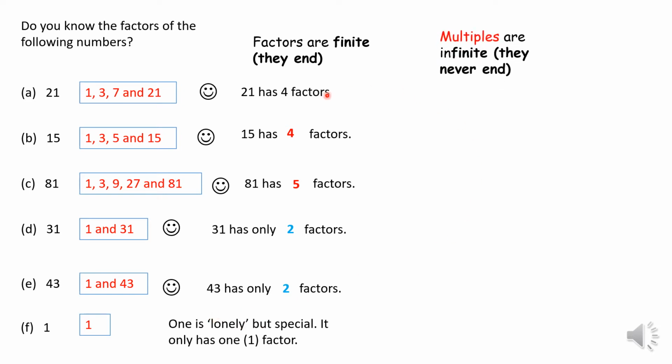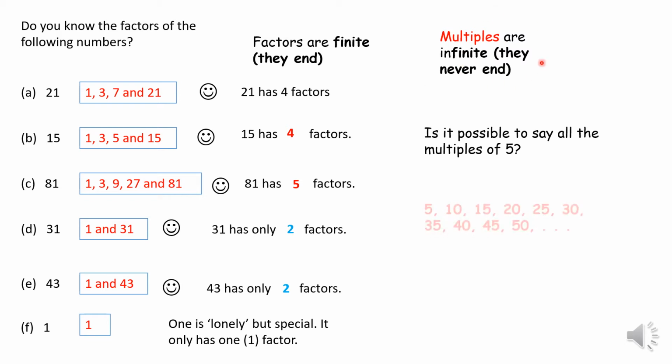So multiples as opposed to factors. When you did the factors of 21, for example, you realized that 21 has only a certain amount of factors. We say it has finite factors. It cannot have more. There are only so many factors that go into a number. But multiplication is the other way around. The multiples of numbers never end.